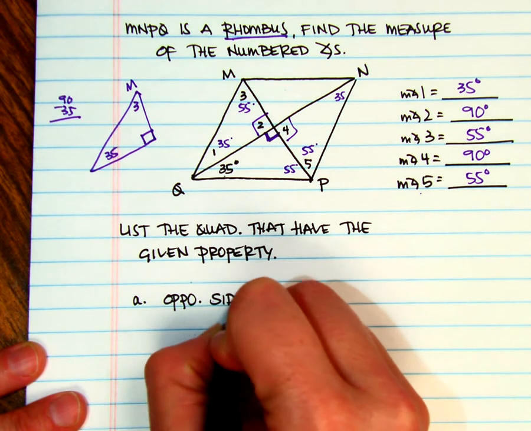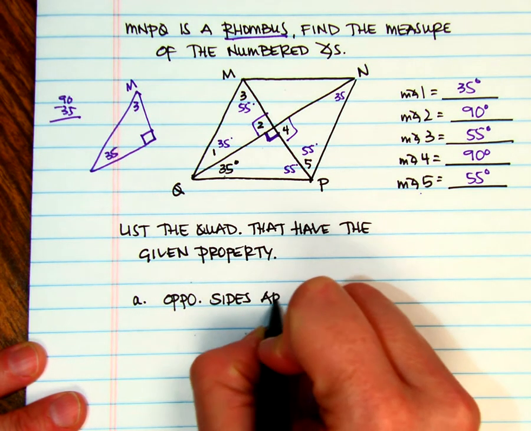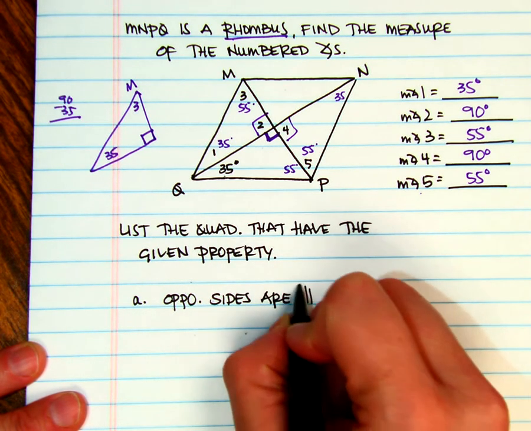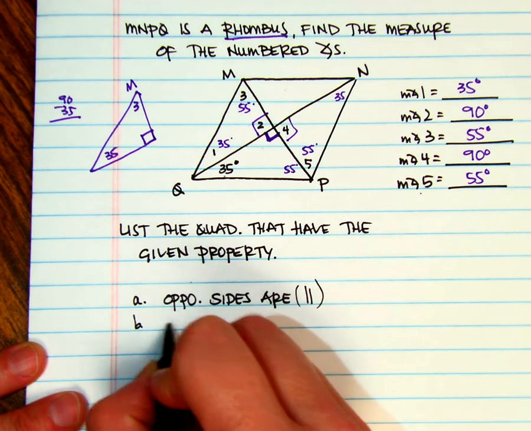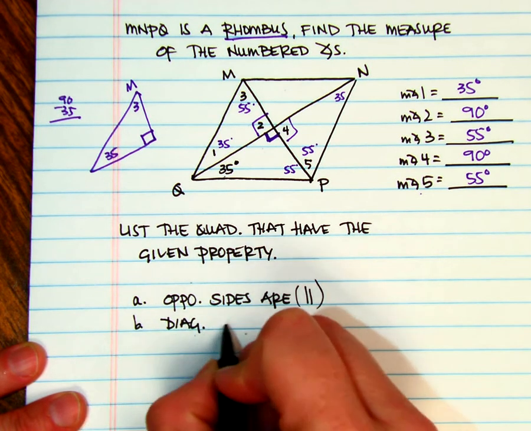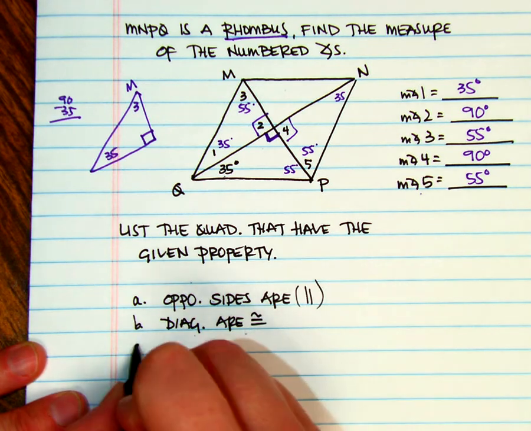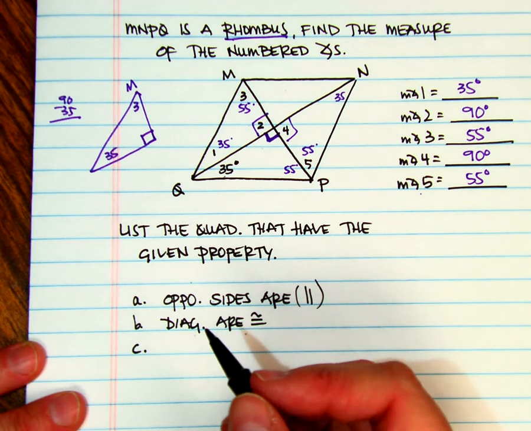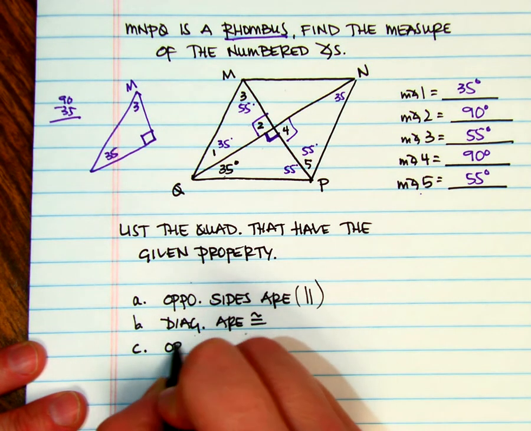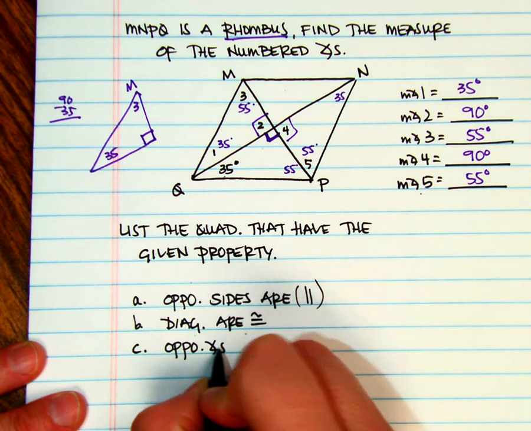Opposite sides are parallel. Diagonals are congruent. And we will do that opposite angles are congruent.